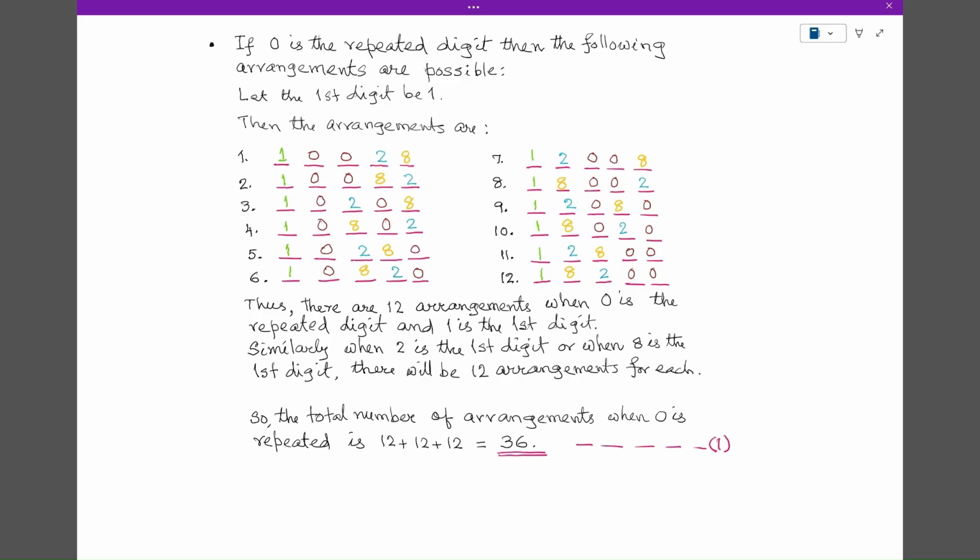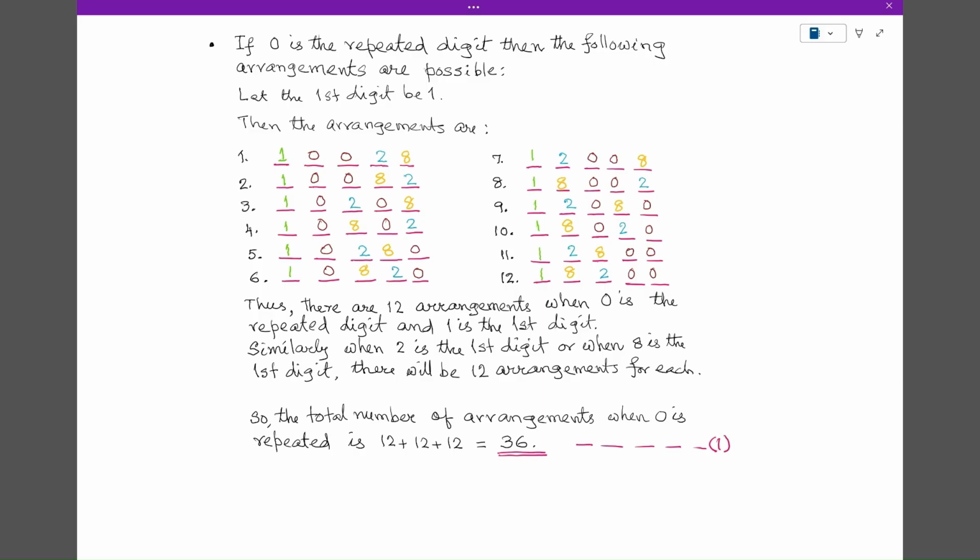Thus, there are 12 arrangements when 0 is the repeated digit and 1 is the first digit. Similarly, when 2 is the first digit or when 8 is the first digit, there will be 12 arrangements for each, because so far as this problem is concerned, 1, 2 and 8 are similar, there is no difference between them.